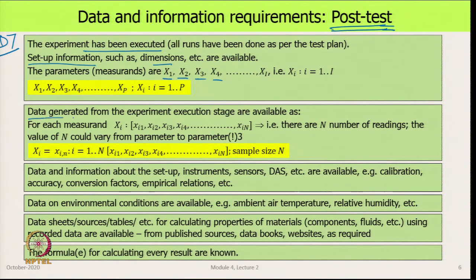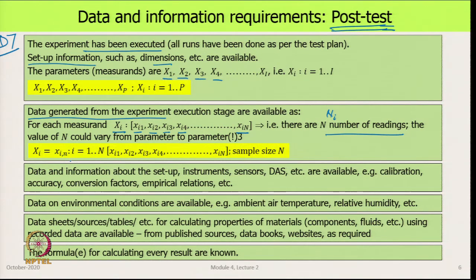So, the data generated from the experiment itself at the execution stage, this is for each measurand xi, we have these readings xi1, xi2, xi3, xi4, xin, n being the number of readings that have been taken for that particular measurand. Or we could differentiate it and say different measurands may have different number of readings taken. So, this is n sub i. So, this is what we have.